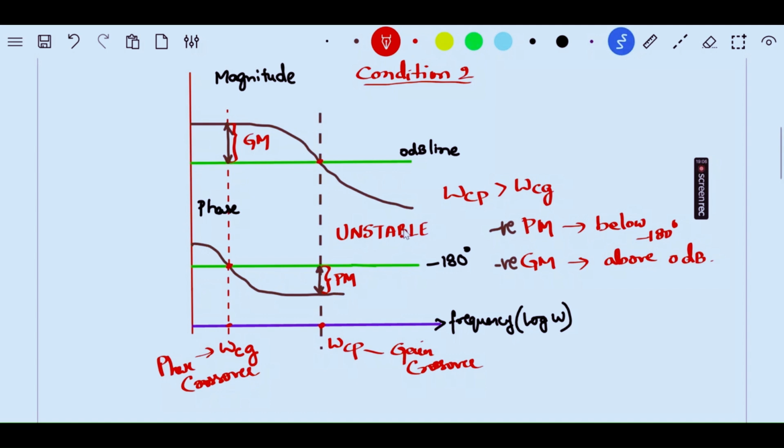Fine. So any system that gives a curve like this is considered to be unstable. And the previous condition which we discussed, any system which generates such a curve, was stable.